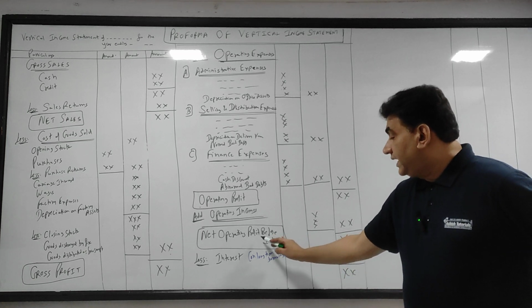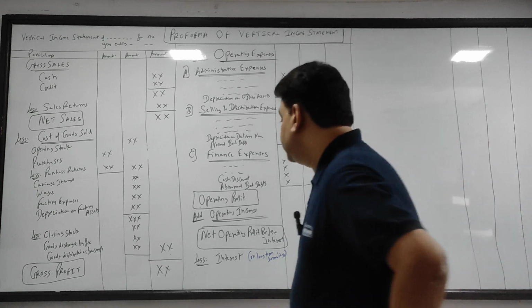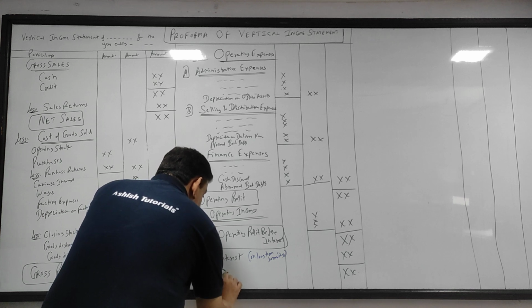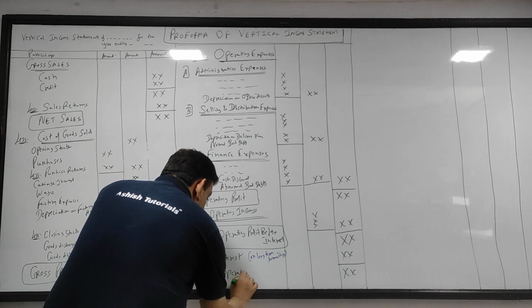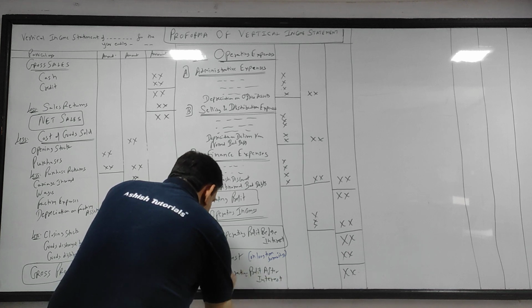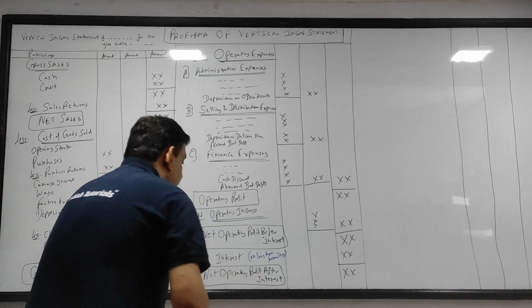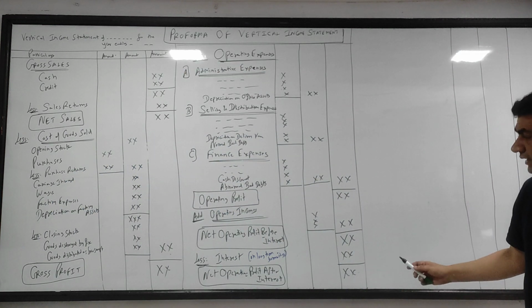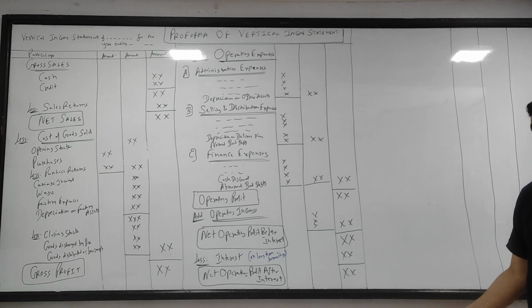And after this what you get? Net operating profit before interest. Now after I deduct interest, this becomes my net operating profit after interest.